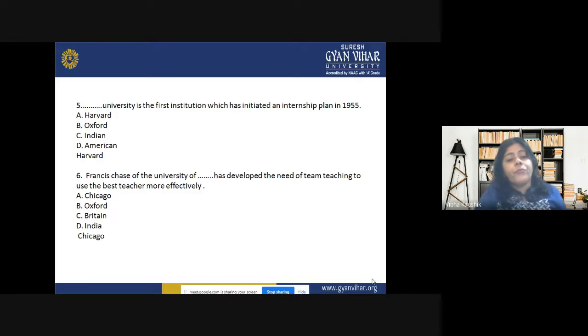So, the options are A. Chicago, B. Oxford, C. Britain, D. India. So, students, these are the options A, B, C, D. Now you have to select the correct one on the basis of the given choices.